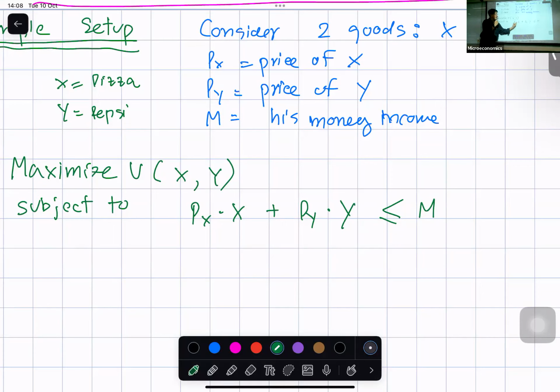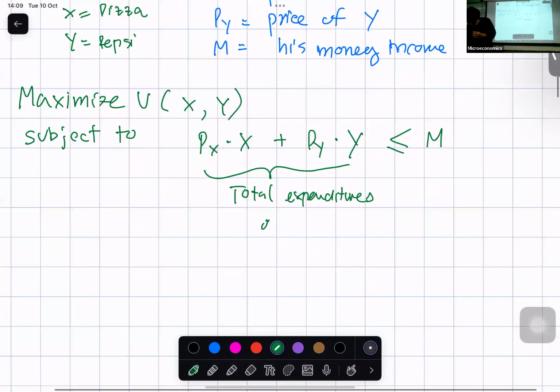This term is an expenditure on pizza. Plus PY, the price of Pepsi per can, times the amount of Pepsi he wants to consume. PY times Y is the expenditure on Pepsi. When we sum the two groups, it's the total expenditure that he wants to spend on the two goods, pizza and Pepsi.